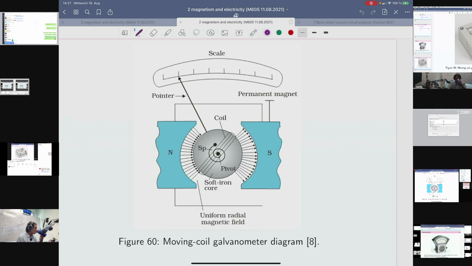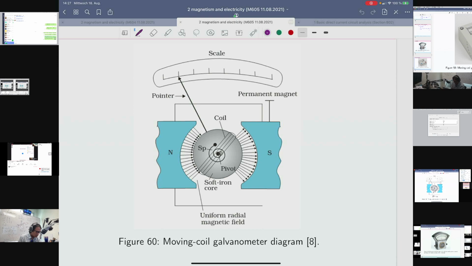Okay, you have a plate that consists of a scale, and this is the needle or the pointer, and here is the coil. And here is the pivot, and there is a spring inside. The spring is attached to the frame of the galvanometer and to the axial or the shaft of the galvanometer.